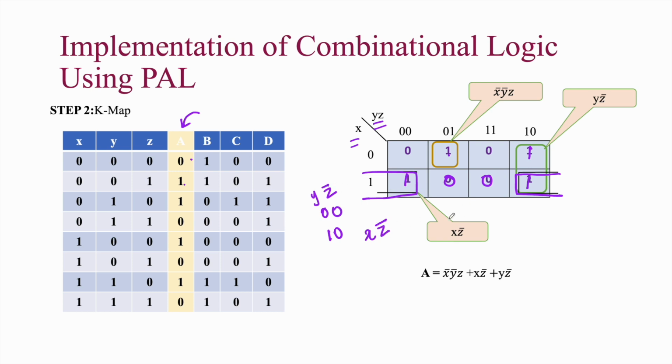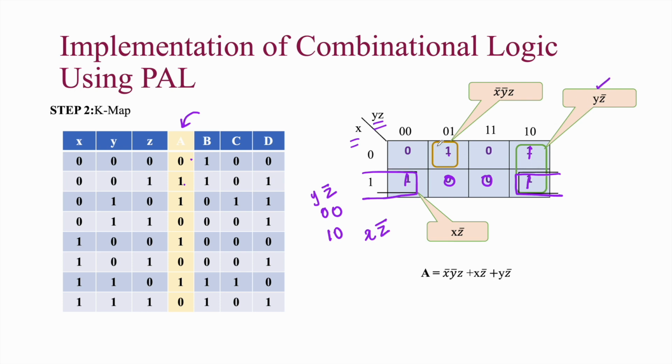So X, Z bar becomes the expression for this group. Similarly for the one highlighted in green color, X is not common because here we have 0, here we have 1. But when we look column wise, 1, 0, Y, Z bar is common to these two minterms, therefore Y and Z bar.